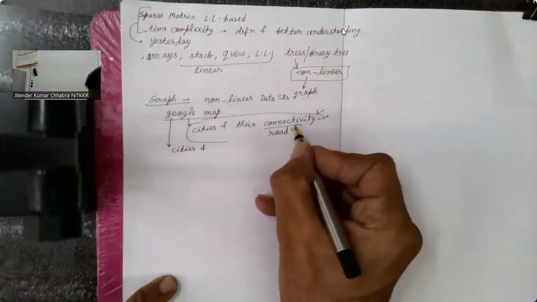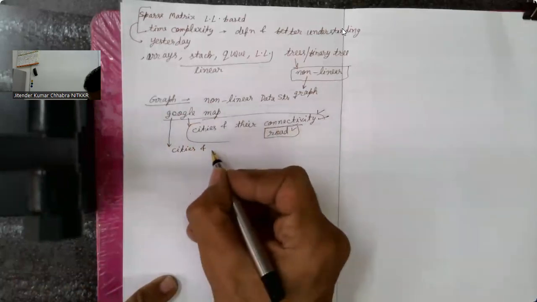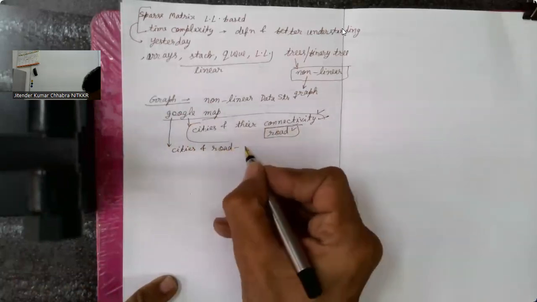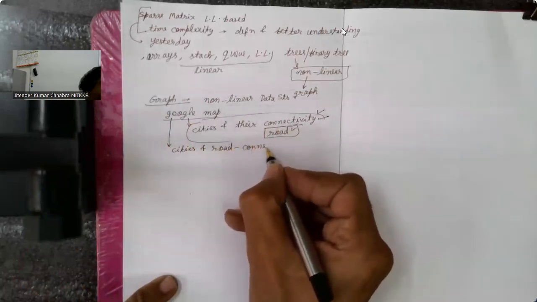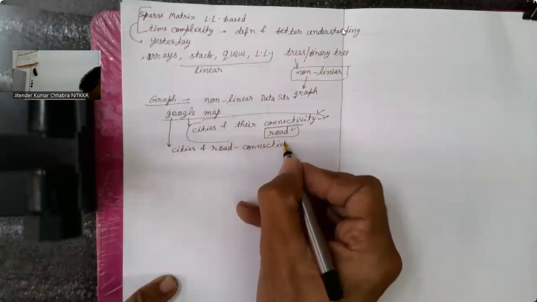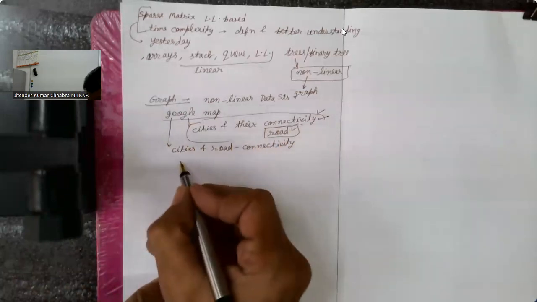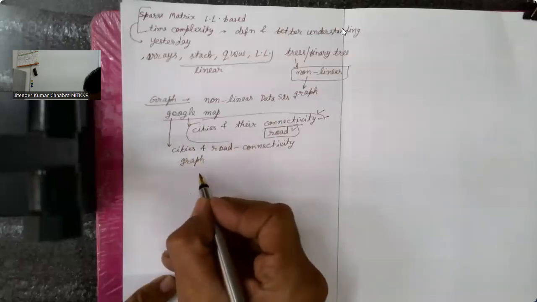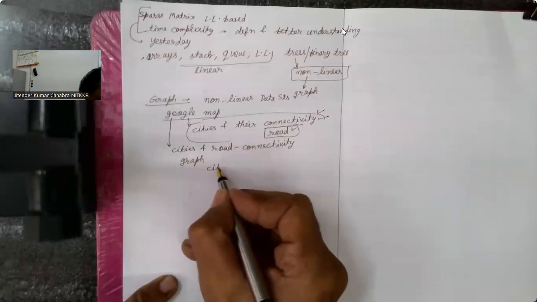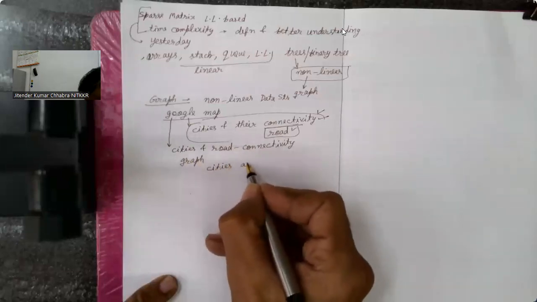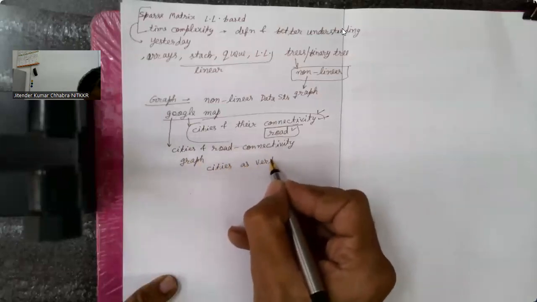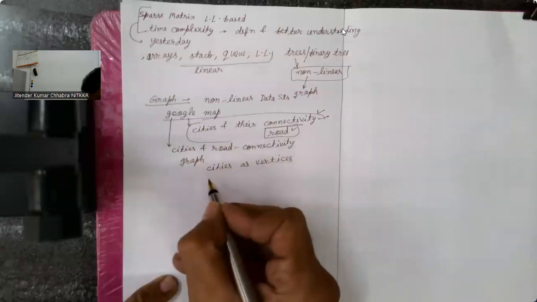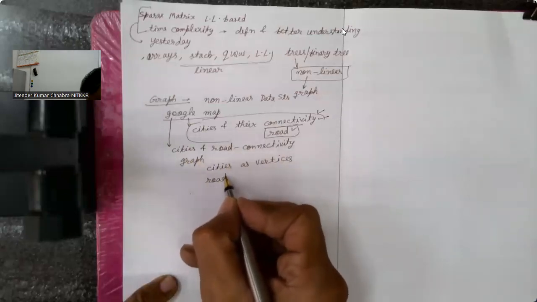But let's say we talk of cities and road connectivity for driving purposes. Internally, everything is stored as a graph. It has various cities as vertices and roads as edges.